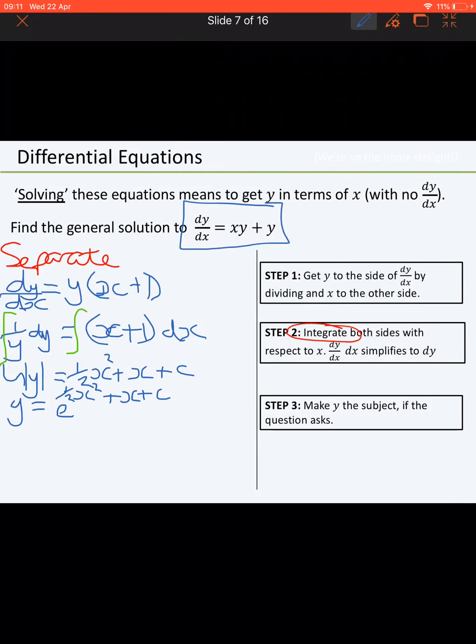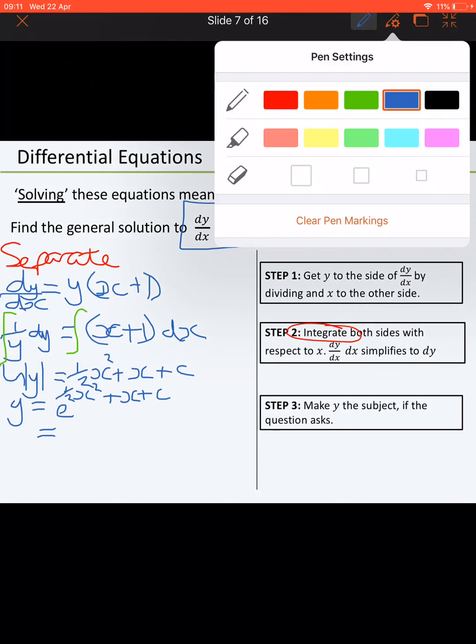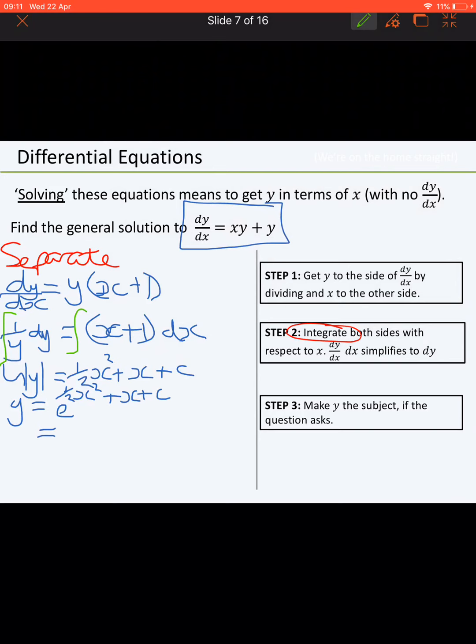What we can do is we can use our indice rules, and we know that when you have additions in the powers, in the indices, the rule we're actually using, let me write it onto the side, is the fact that if you've got e to the x plus y, that's the same as e to the x times e to the y. That's the rule I'm using, okay? So we can make this y equals e to the half x squared plus x times e to the c.